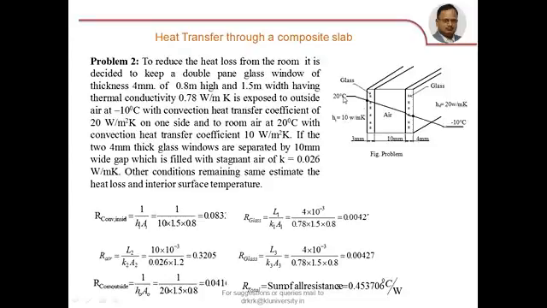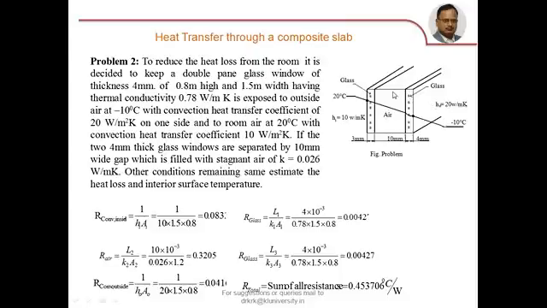So first heat has to reach the surface by means of convection, and then it passes through the glass by means of conduction, through the stagnant air film again by means of conduction, again through this glass solid by means of conduction. It enters from the glass surface into the outside environment by means of convection.